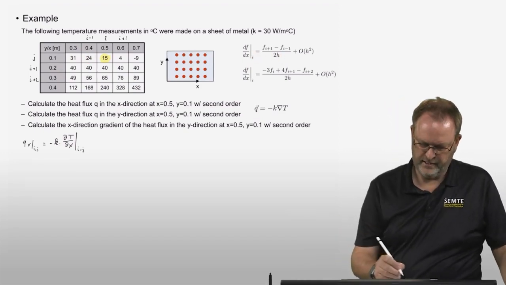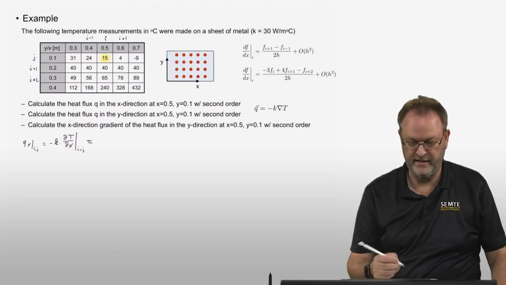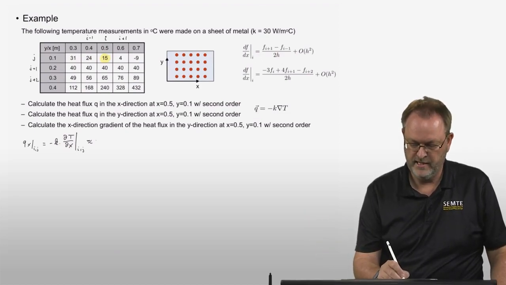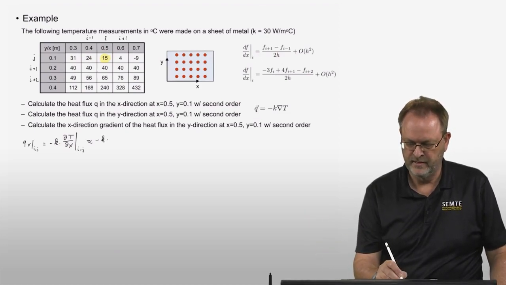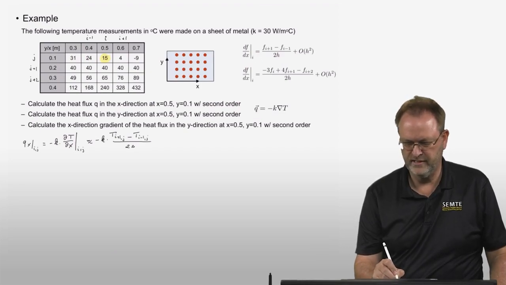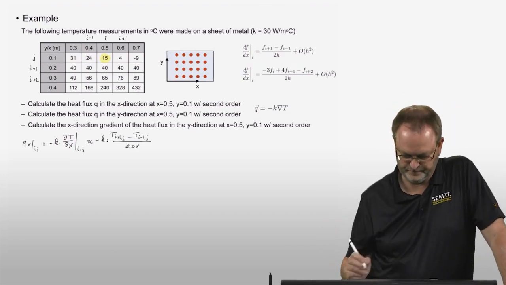So this is approximately equal to, because my finite difference is an approximation, minus k times T at i plus 1, j minus T at i minus 1, j divided by 2 delta x. The k is in front of that fraction.